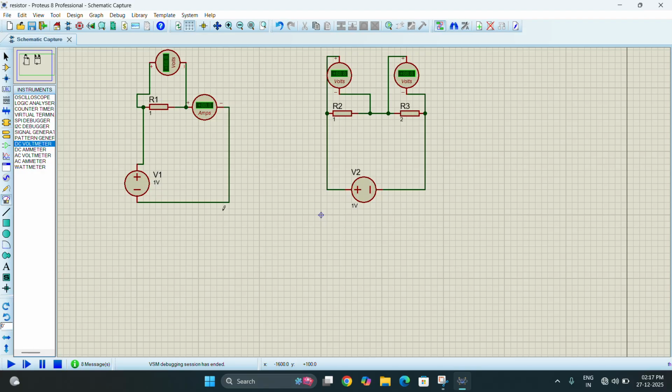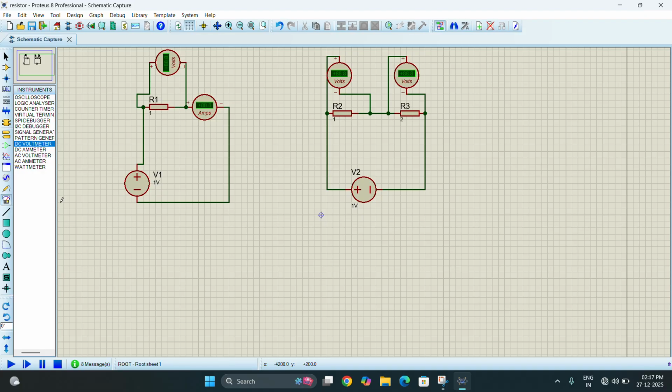I have already told you about current. Current is going to be the same in the whole circuit. But what is the current going to be? To find that we have to add the series resistors, R2 plus R3. So 1 plus 2 is 3 and the voltage is 1. So 1 by 3, because of Ohm's law, I equals V by R. 1 divided by 3 is 0.33.